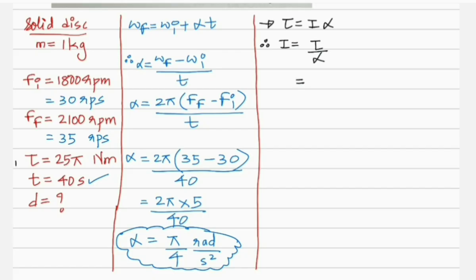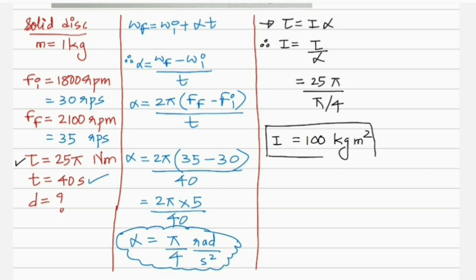Torque का value given to you is 25 pi Newton meter divided by alpha, which is pi by 4 radian per second square. Pi we can cancel out. हमें मिलेगा students 25 into 4, that is 100, correct? So moment of inertia I will be 100. What is the unit? Come on, kg meter square. Getting this, students? Moment of inertia 100 kg meter square.